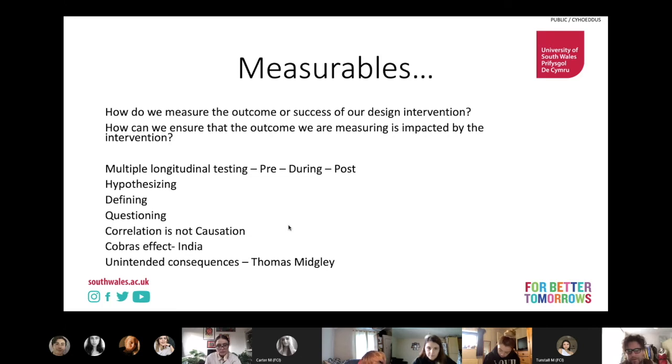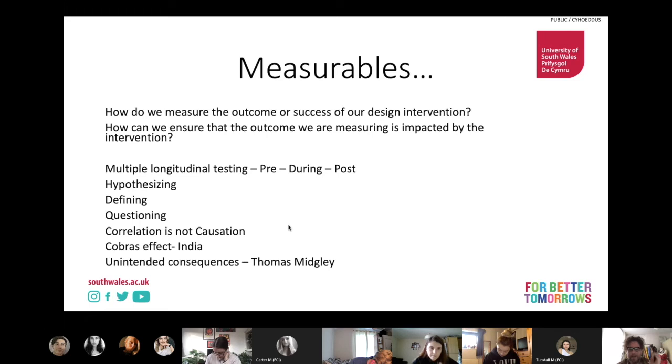The next one is defining. So defining what success might mean. Success doesn't necessarily need to be massive. It could be incremental. It could be no change or no negative change, for example, defined as success. Questioning.